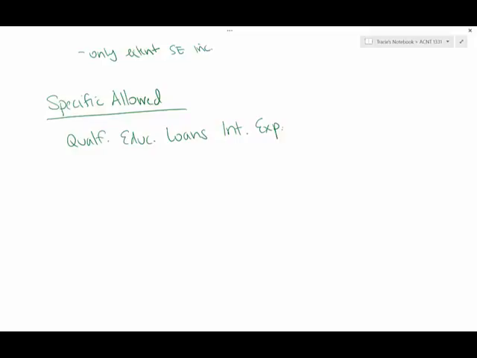So this is a deduction that is allowed for the amount of interest expense that a taxpayer pays on their student loans. The deduction is not much. The deduction is $2,500, so an amount paid up to $2,500.